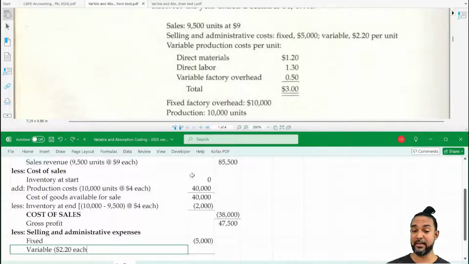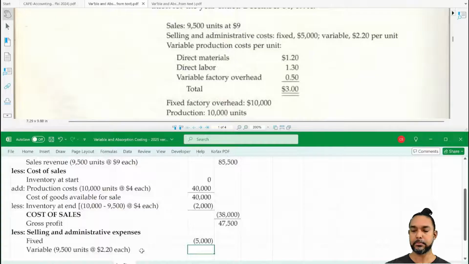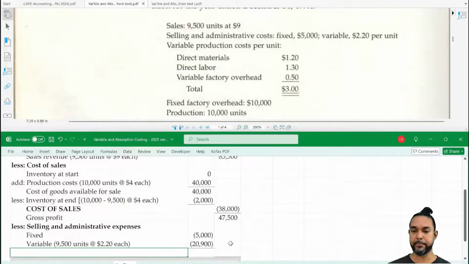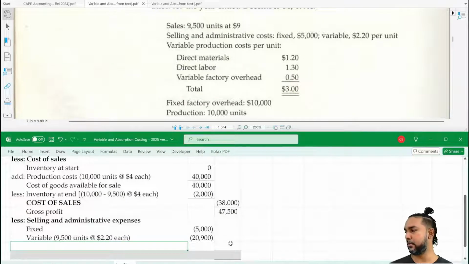Now it says selling expenses, so you might be wondering, how many units? Is it the 10,000? No, because we didn't sell 10,000. We sold 9,500, right? So 9,500 units at $2.20 each. So 9,500 by 2.2, right? So that's 20,900. Sorry, hold on one second.